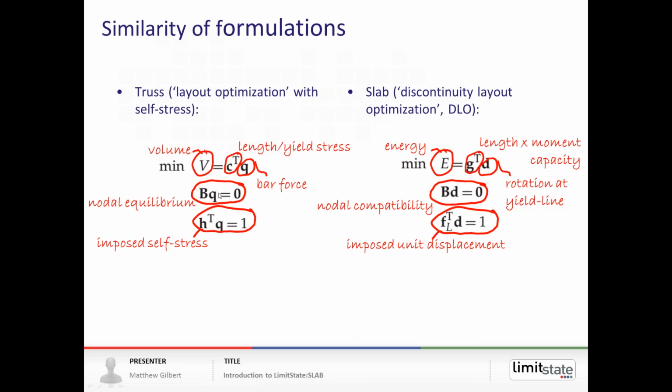Instead of nodal equilibrium, we are dealing with nodal compatibility, and instead of imposed self-stress, we have a unit displacement constraint, which will be well known to those of you who are familiar with applying the principle of virtual work in structural mechanics problems. And both boil down to simple linear optimization problems.